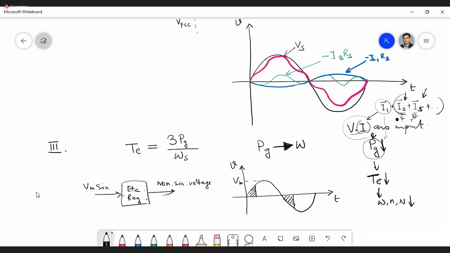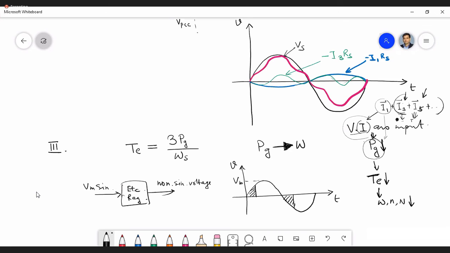And what do they do actually? They create mechanical oscillation or vibration, and sometimes wearing of the bearing. That is the result of this type of harmonic torque. Got my point?